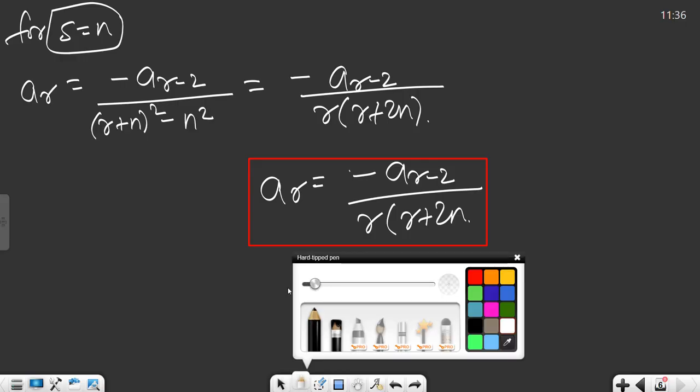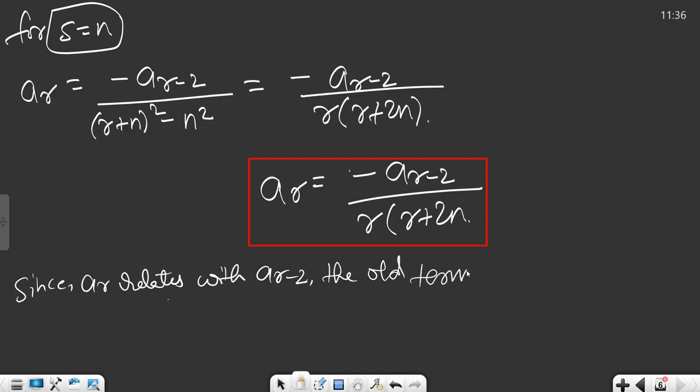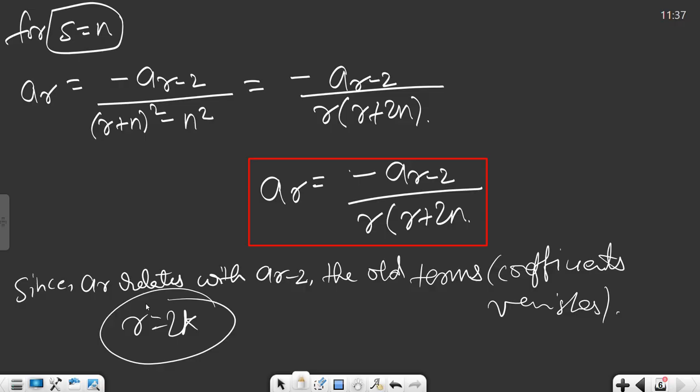Since a sub r relates with a sub r minus 2, the odd terms, like coefficients actually, vanish, right? So that basically means we are going to let r equals 2k, because we are having only even terms.